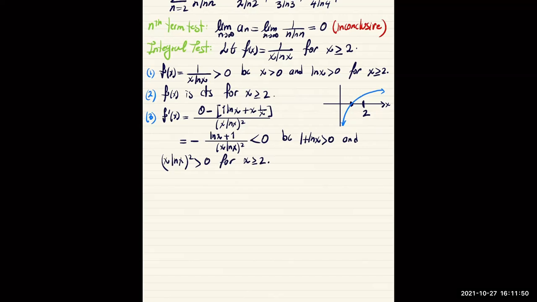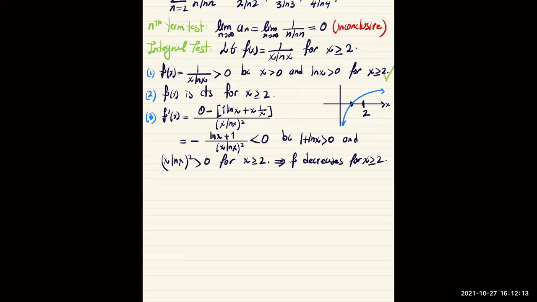With the negative in front, the whole thing is going to be negative. And this means that f is decreasing for x greater than or equal to 2. All right, so all 3 requirements are met.